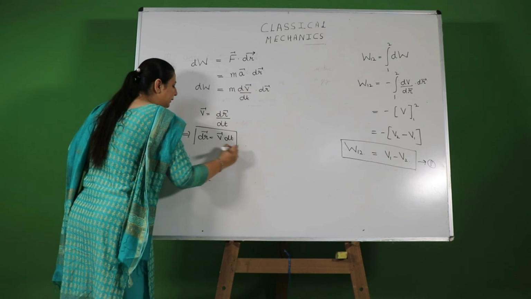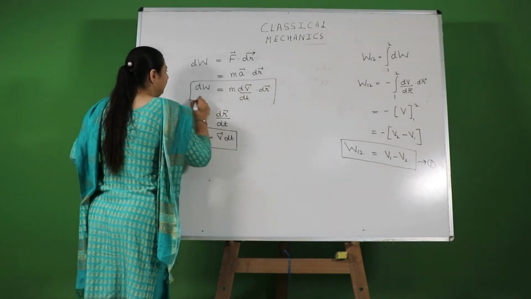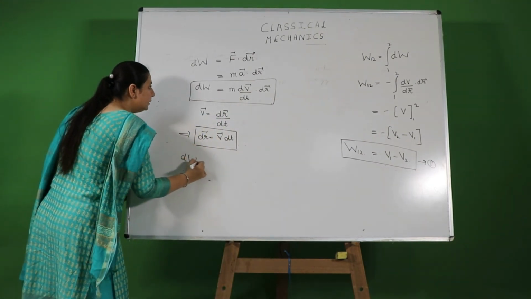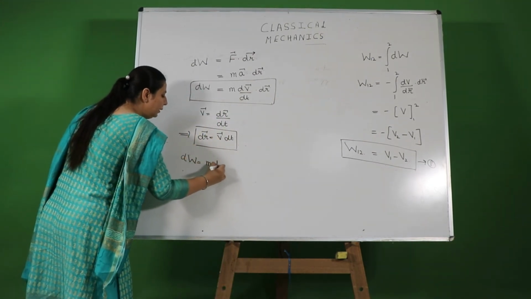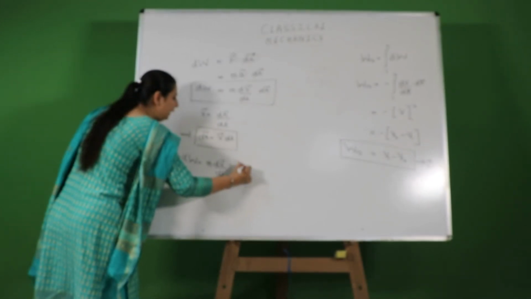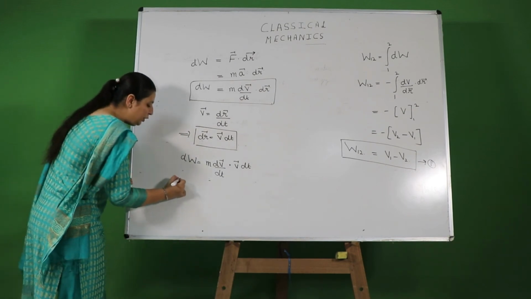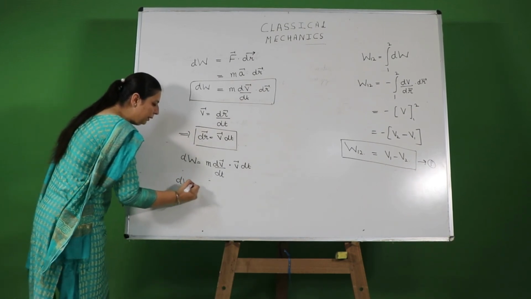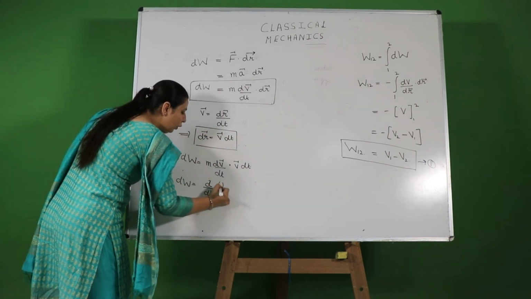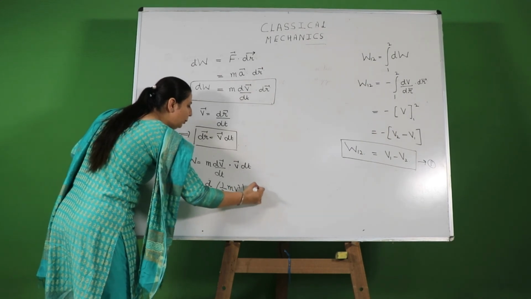Now substituting this value of dr in this equation, we will have dW equal to m dv by dt dot v into dt. This equation can be written as dW equal to d by dt of 1 by 2 mv square into dt.